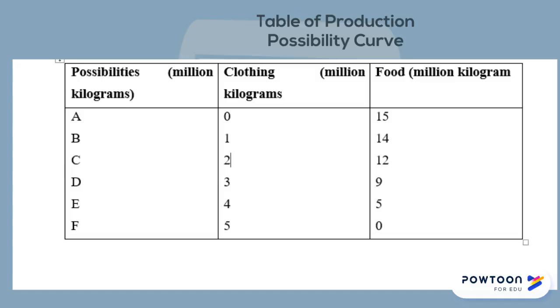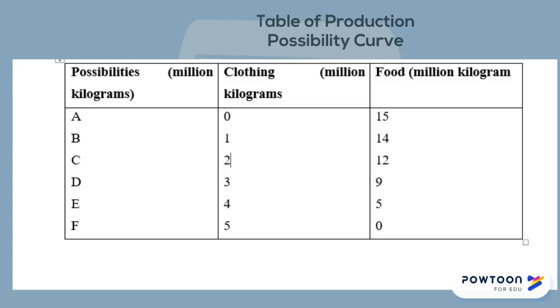This is the table of the production possibility curve. Let us assume, to start with, that the society is interested in the production of only two commodities, food and clothing. If the society devotes all its total resources to the production of food, it will produce 50 million kilograms of food.